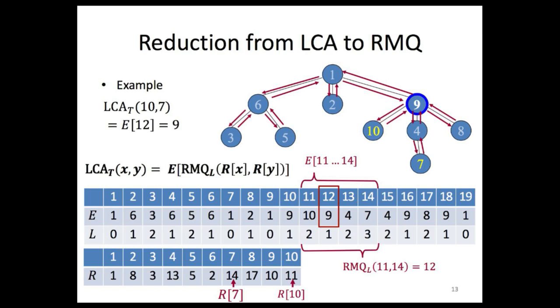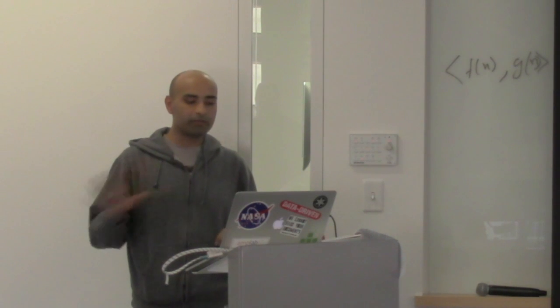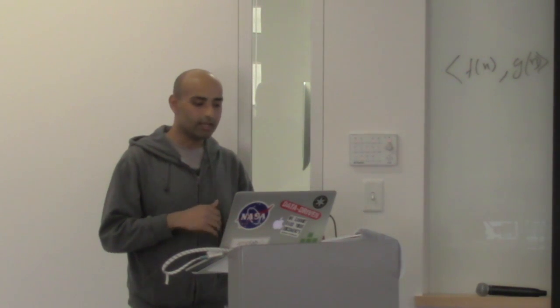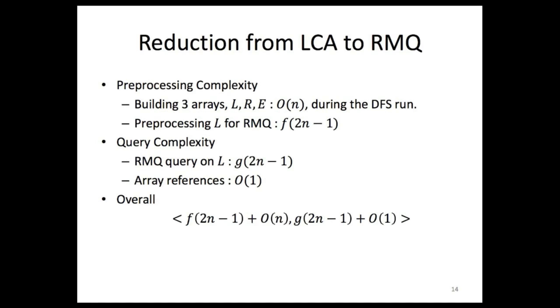So what is the complexity of getting all this stuff? As we said earlier, we talk in pre-processing and query time. First, pre-processing: you're constructing these 3 arrays, which can be constructed straightforwardly in O of n time, basically while doing the DFS, while you are generating the Euler tour.